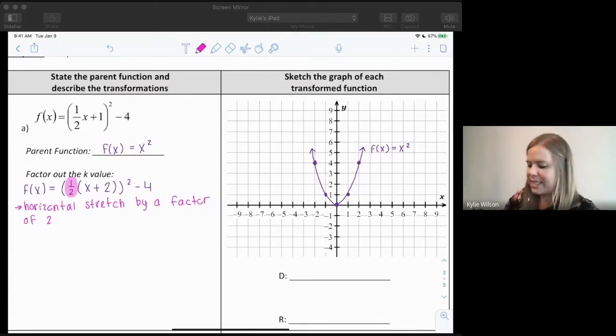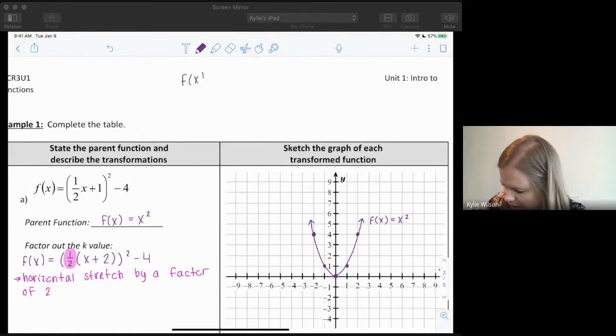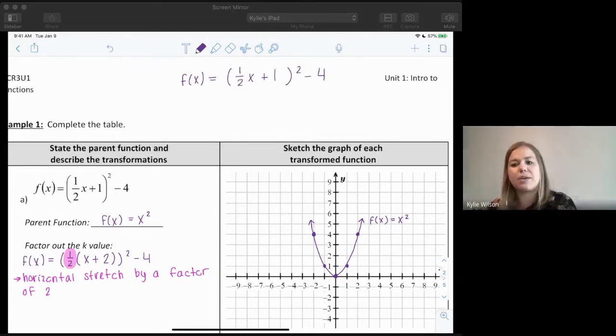So what I did here is I factored out, I'm just going to write it up here to have a little bit more space, the 1/2. So I originally had f of x equals (1/2 x plus 1) squared minus 4. And I want to factor out that 1/2. So I'm going to divide that by 1/2 and divide that by 1/2.